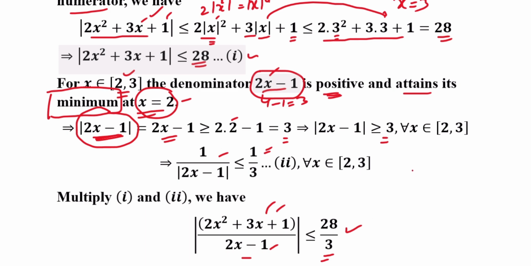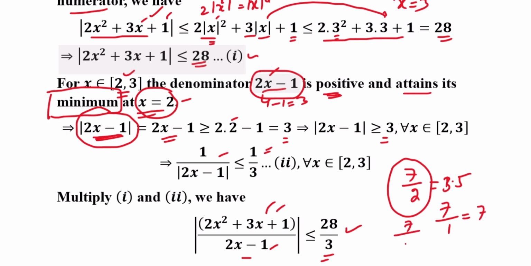The answer is simple. Suppose we have a fraction like 7 by 2. I want to find its maximum value whenever we change the numerator and denominator at the same time. This constant fraction's answer is 3.5. When I decrease the denominator from 2 to 1, the answer is now 7. If I again decrease the denominator from 1 to 0.5, this becomes 14.